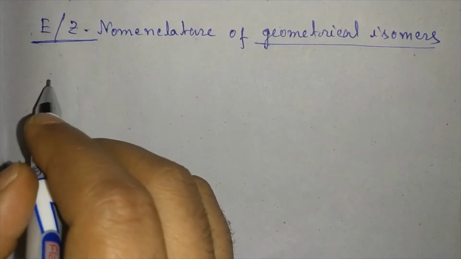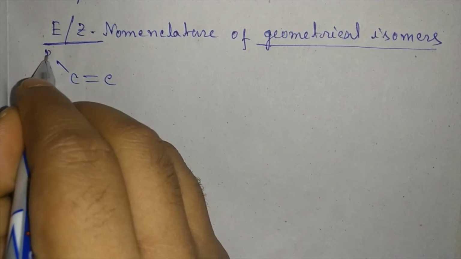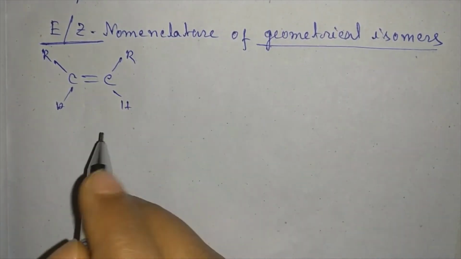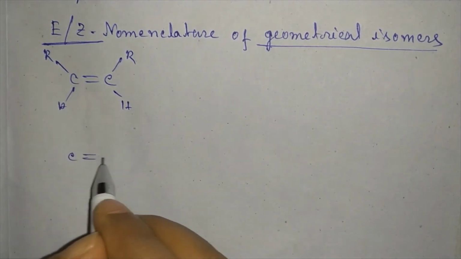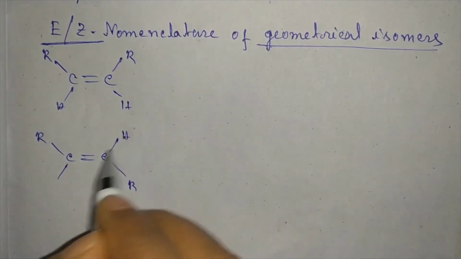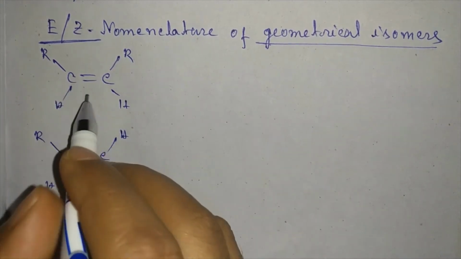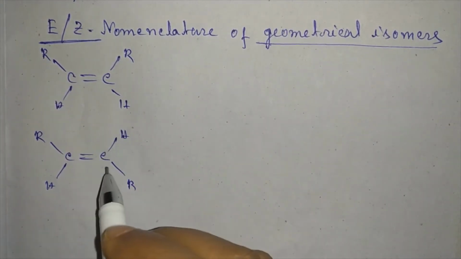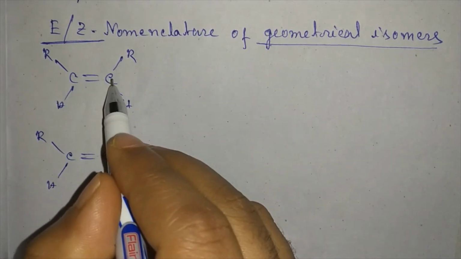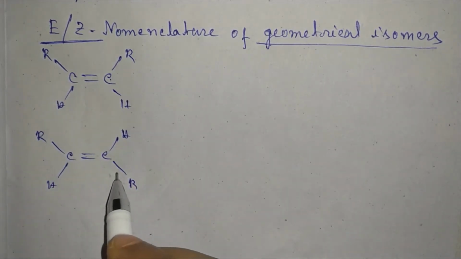Let's take one example, C double bond C with R, R, H, H, and C double bond C with R, R, H, H. This is a carbon-carbon double bond, and we can see that if we rotate this carbon along this bond, then we will get this isomer.